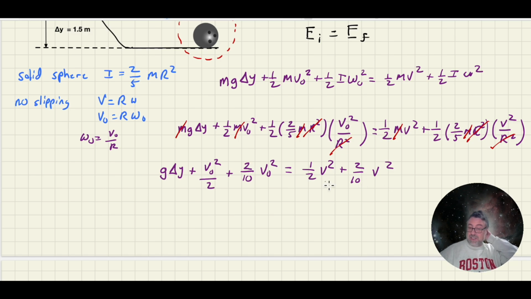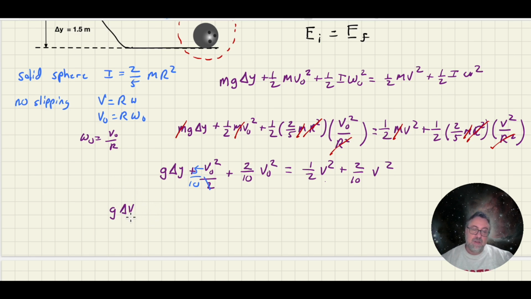So now it's a question of gathering my terms. So the g delta y is there. So I have 1/2 and 2/10. Now the common denominator here is going to be 10. So 1/2 is the same thing as 5 over 10. So I can replace this fraction with 5 over 10. 5 over 10 plus 2 over 10 is going to give me 7 over 10.